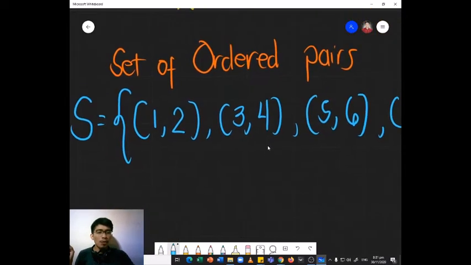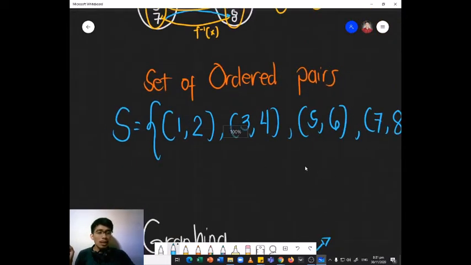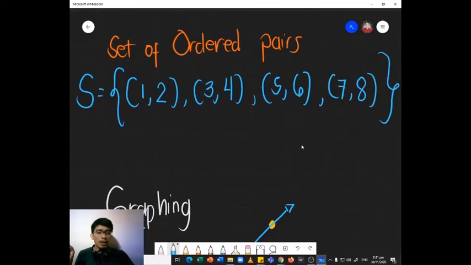So now, without further ado, let's proceed to the third one, the representation of function called the set of ordered pairs. We believe the set of ordered pairs is used in graphing, which we will do later. In a set of ordered pairs, we have two variables, x and y, the domain and the range.